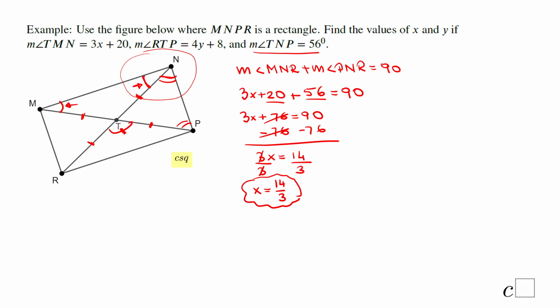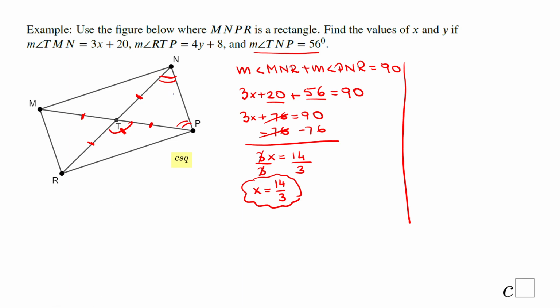Now the question is how we find y. And you have so many choices, but I think we can do something very cool. Let me erase the picture here. We have too many things here, right? And I'm going to keep just these three angles.